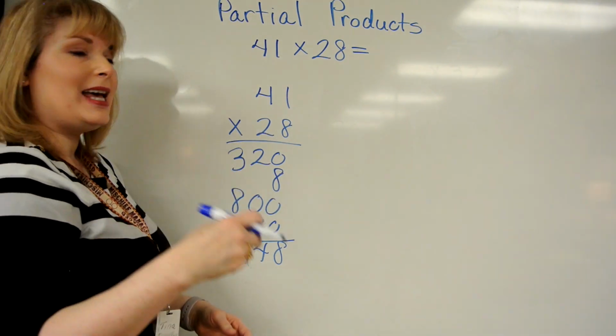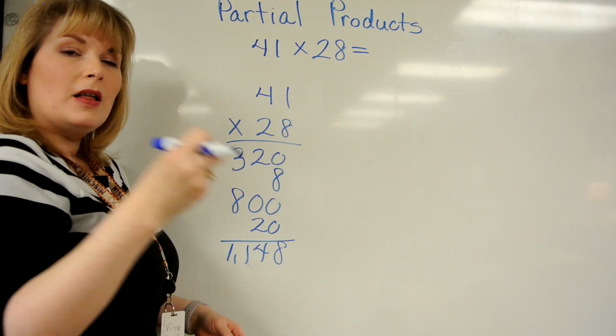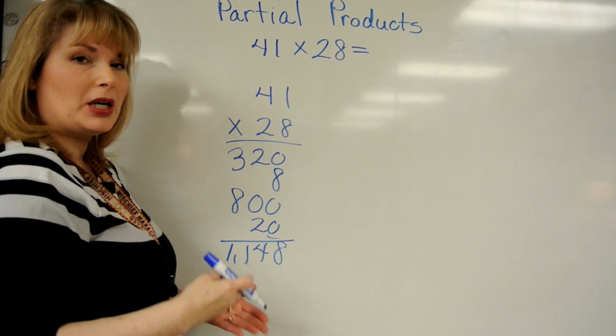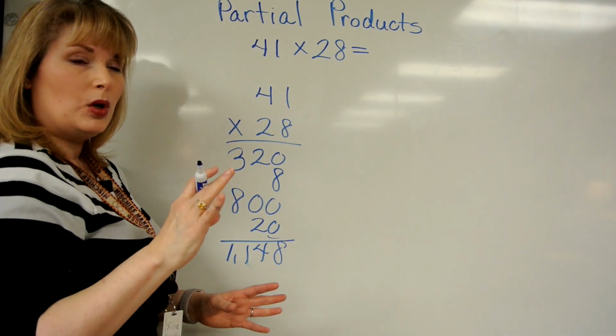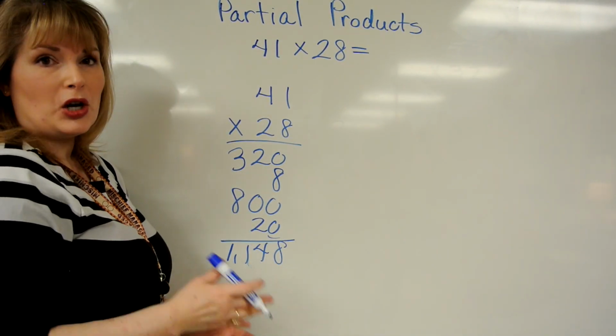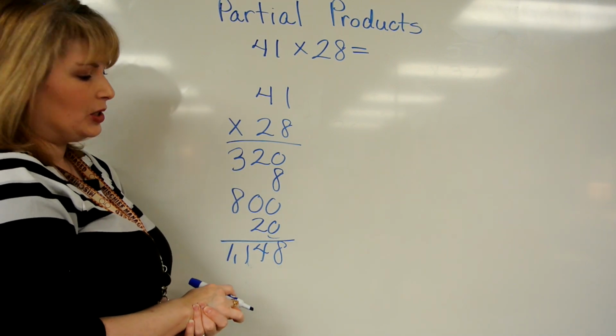So by saying 20 times 1, that place holding 0 is a natural part of the answer, not some rule that you got to do it or else. So this is the partial product method, and I hope this makes it a little less confusing for parents.